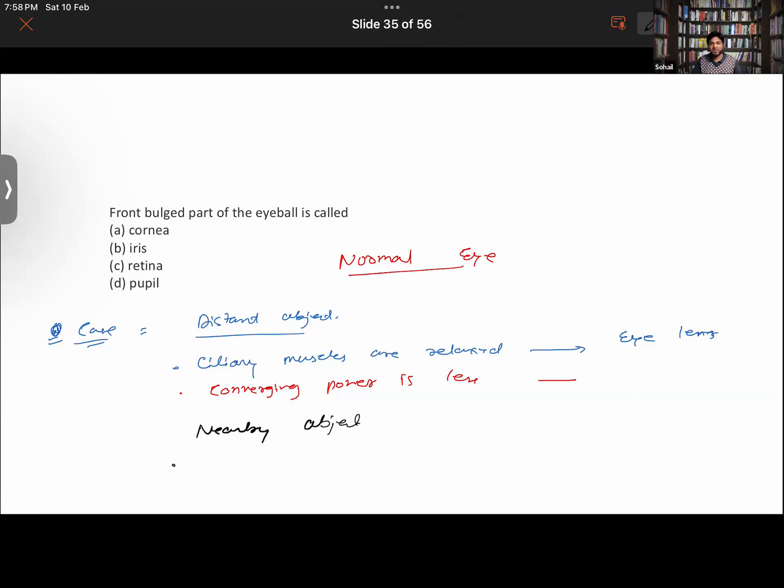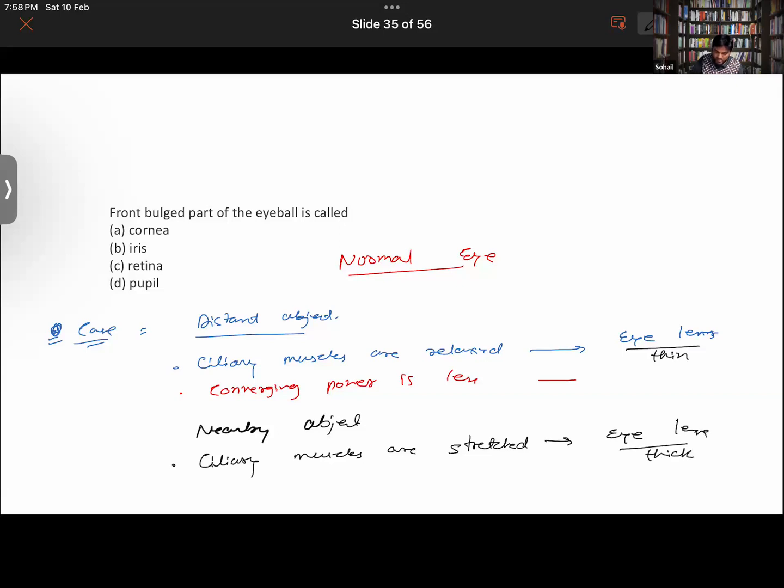It will contract, meaning that the lens will become thicker. Ciliary muscles are stretched, so that will result in the contraction of the eye lens. Let me write this one. In this case, it was becoming thinner. In this case, it is becoming thicker.